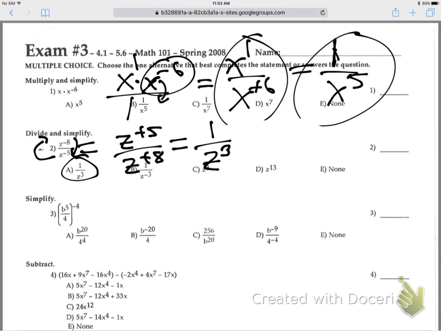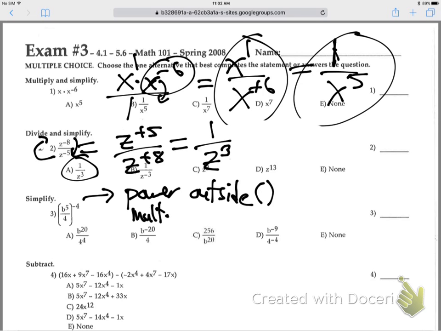The rule they're hitting on here, the rule you need to know, is powers outside parentheses multiply other powers inside parentheses, right? Remember, powers with powers. This is where I do the royalty with royalty thing, right? They don't interact with bases. So it's powers with other powers.